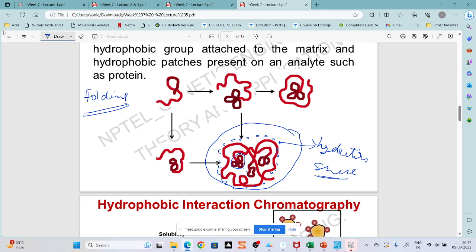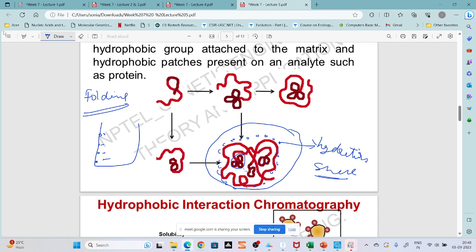What is actually done in hydrophobic interaction chromatography is that you have a column and a matrix. This matrix has affinity towards the hydrophobic amino acids, so they will interact with the matrix. Now, the hydrophobic amino acids are present in the interior, so something has to be done to expose them so that they can interact with the matrix.